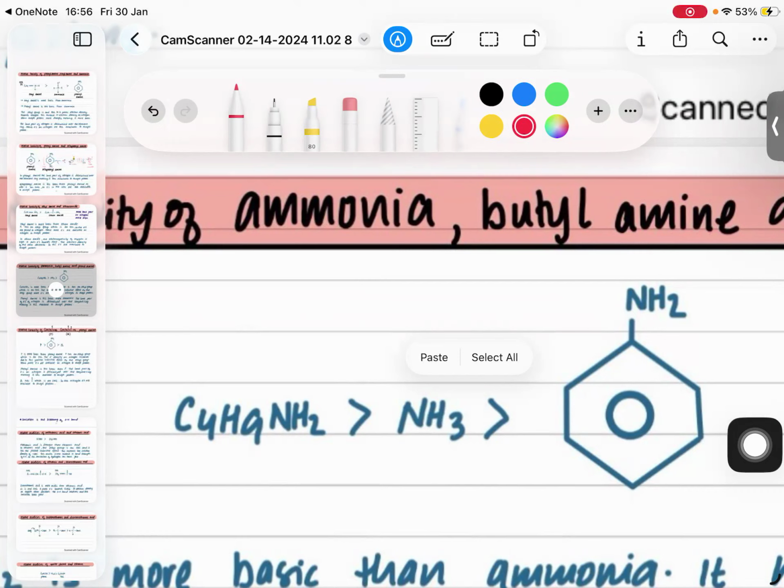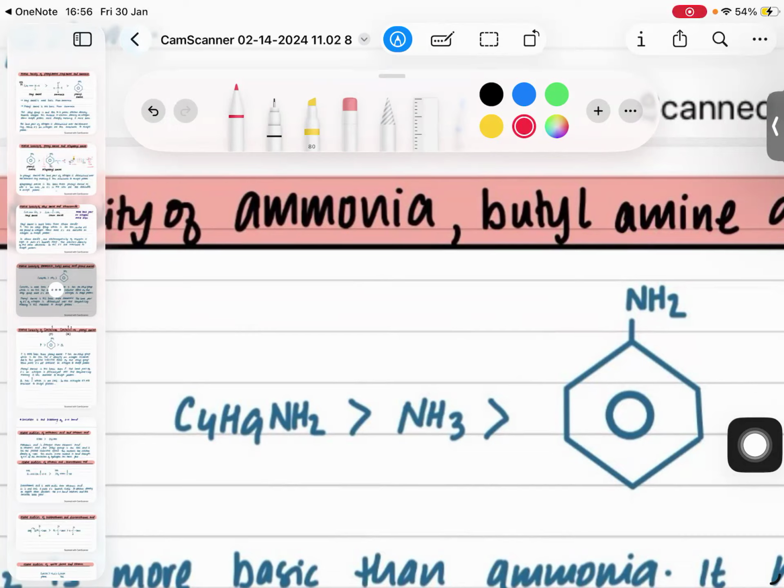Haris. C4H9 means the electron donating group. It makes electrons available for protons. Lalma. Yes.